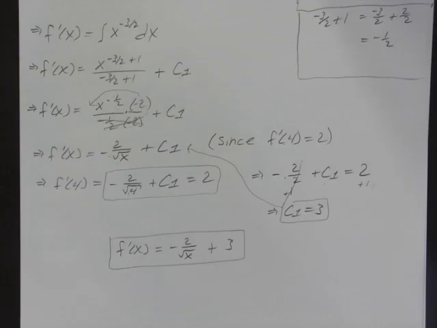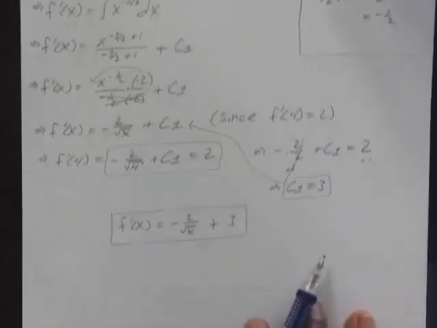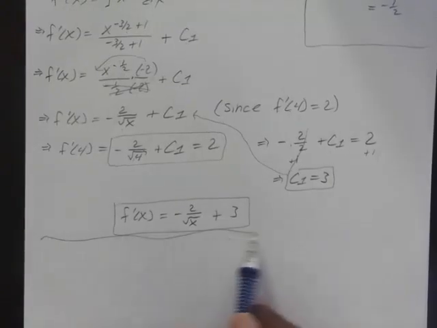Okay, so we were able to find our first derivative. Now we have to take the antiderivative of that to find our original function. And kind of separate that a little bit.